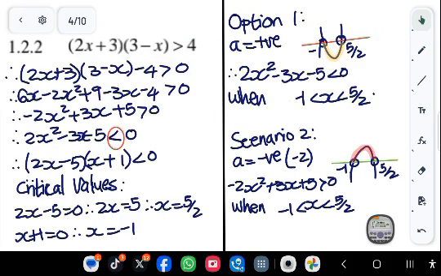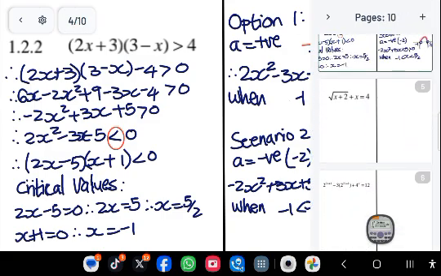So these are the two options. You can use whichever scenario you prefer. That's how you solve the inequality.